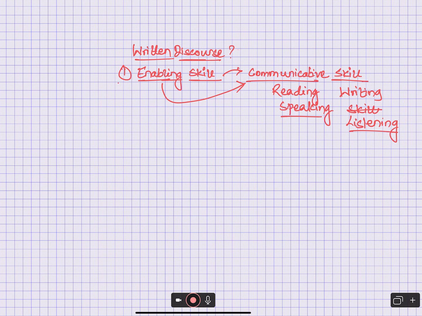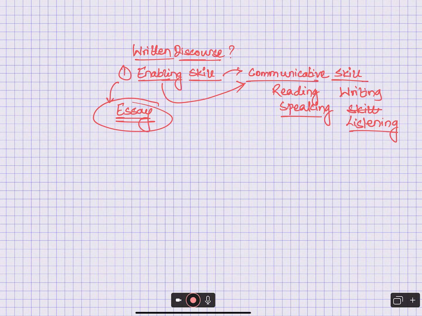Now the next question is, if this is an enabling skill, which question type does it assist, or in which question type is written discourse important? Written discourse is only assessed on one question type, and that is essay writing. This is the only question in your exam where written discourse is evaluated, or where written discourse plays an important role.